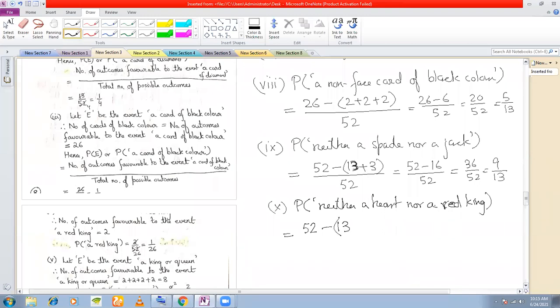What else do you remove? You remove the red king. That means you have to remove the red king, but heart contains a king, isn't it? So you have to remove 3 other red kings. So this is also the same, 36 by 52, 9 by 13, right? Any question?